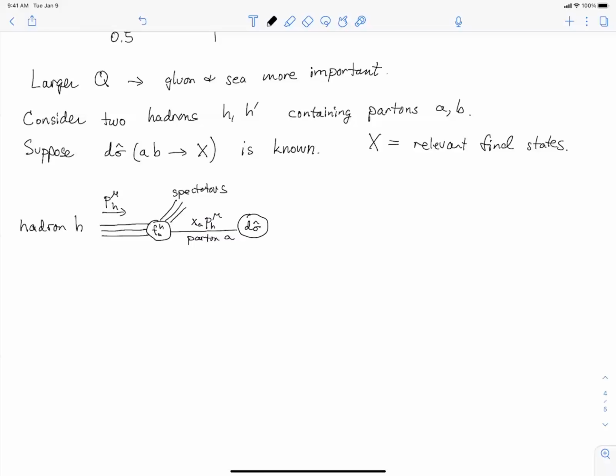On the other side, over here, I'm going to draw the other hadron, hadron H prime. Okay, and it's got some PDF. And we're going to select a parton to participate in this process. So this is parton b. We're going to have to sum over all these partons later. And then the rest of them are spectators.